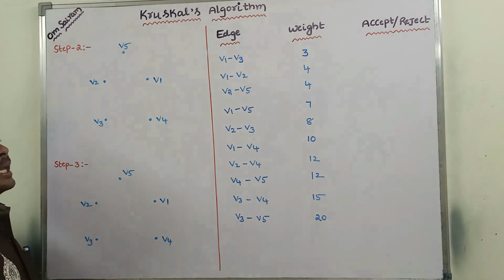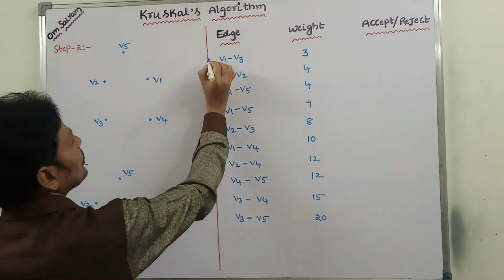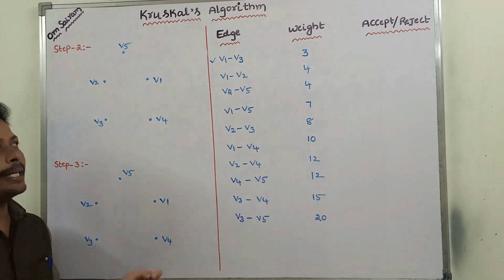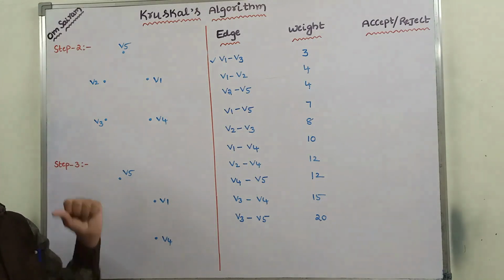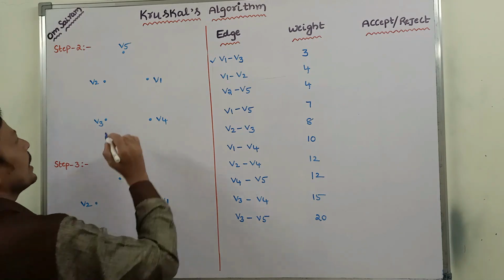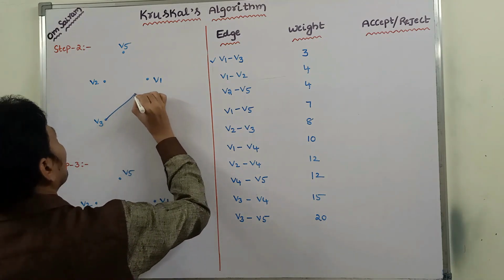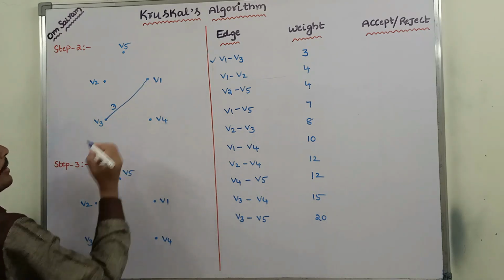Now I am taking the minimum cost edge, that is V1 to V3. Its weight is 3. Now it can be added to the empty spanning tree. So V1 to V3, its weight is 3.